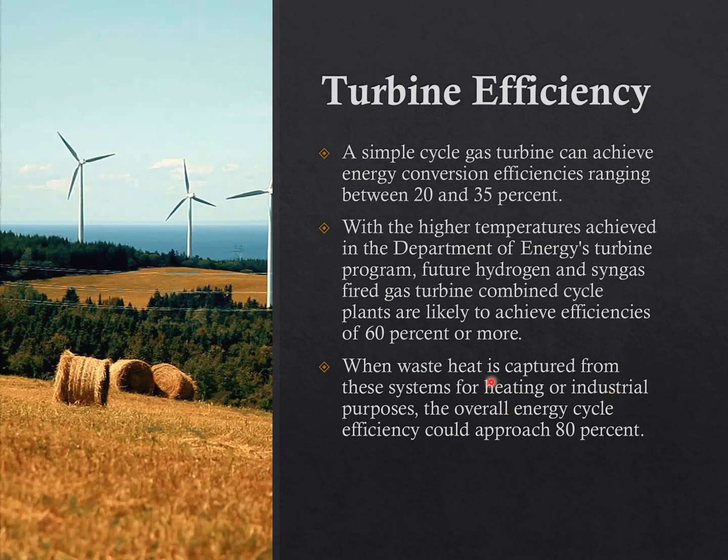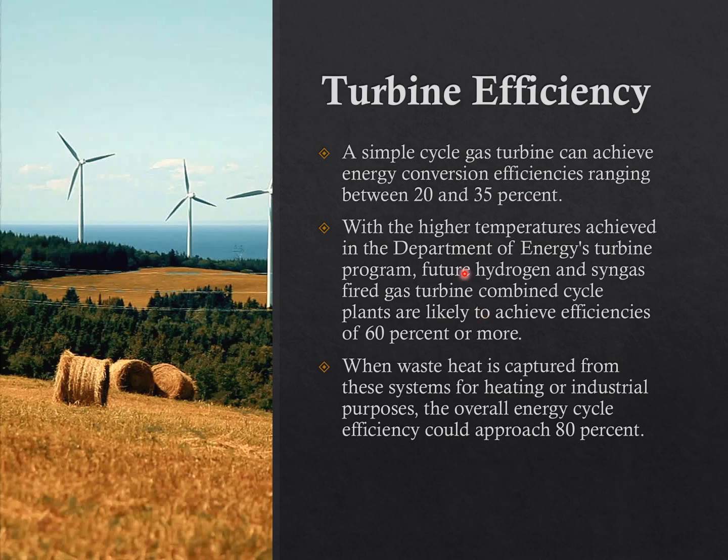Waste heat, and we capture the waste heat to use it. So in this system, we turn the waste heat around for heating. Also, we use the waste heat for industrial purposes. So the overall energy cycle efficiency is about 80%.